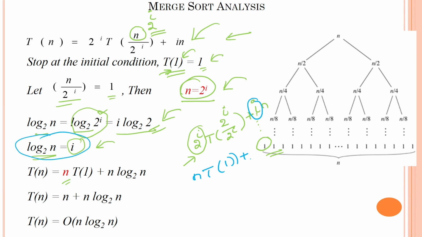So that becomes n log n, and here n times T of 1, where T of 1 we already know is 1, gives n. So we have n plus n log n. Finally, as the order of growth, we ignore the lower order term and take the higher order term, n log n. So this is the time complexity of merge sort: n log n.